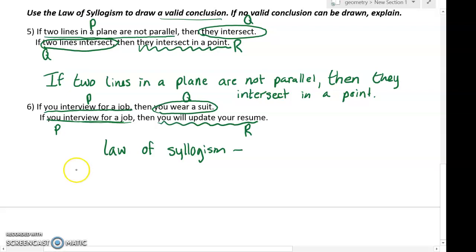So if P does not follow law of syllogism is one way to say that.